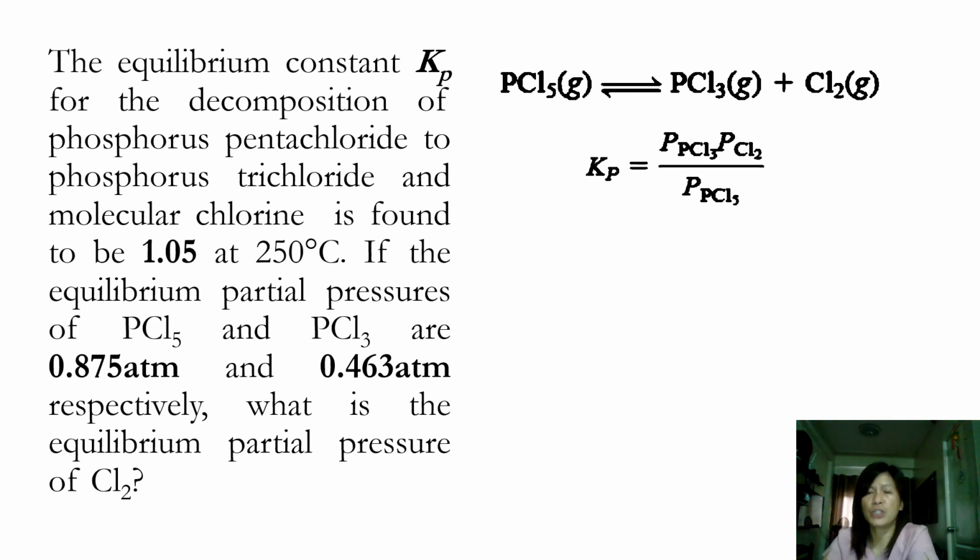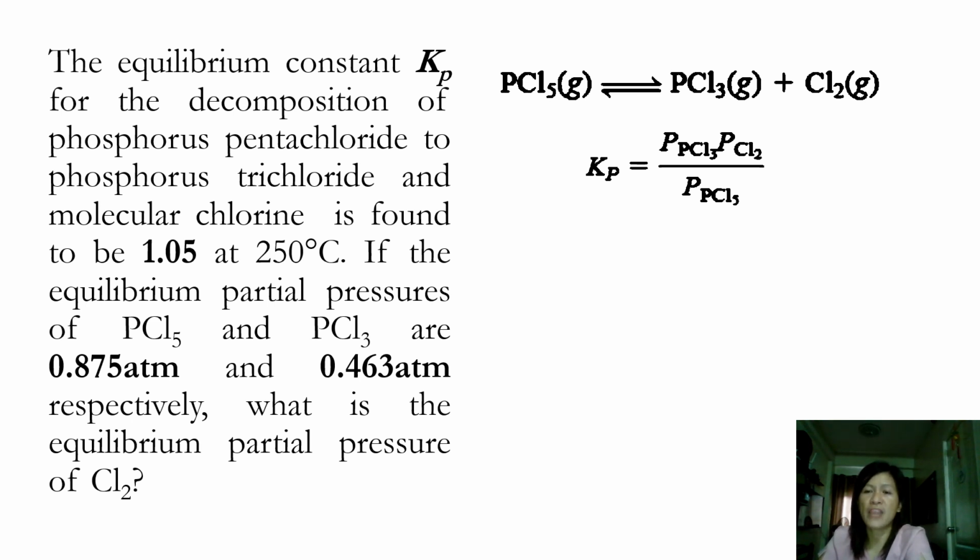This is divided by the equilibrium partial pressure of the reactant, which is PCl5. We are given the partial pressure of the reactant PCl5 at 0.875 atm, and PCl3 at 0.463 atm. We are looking for the equilibrium partial pressure of the other product, which is chlorine.